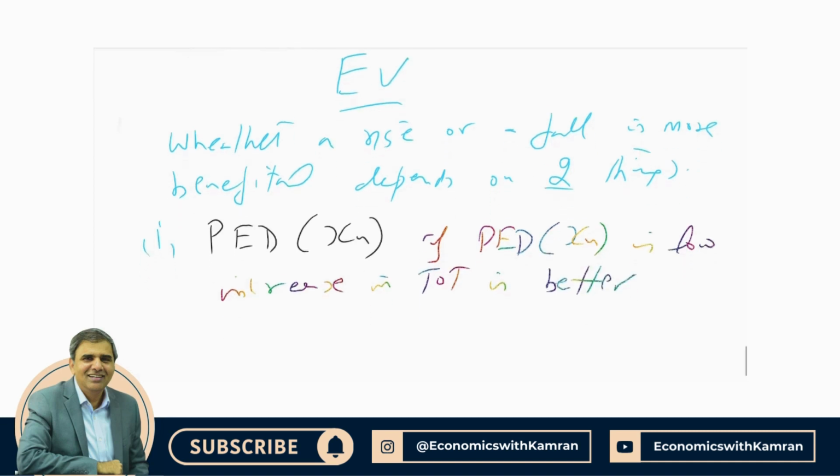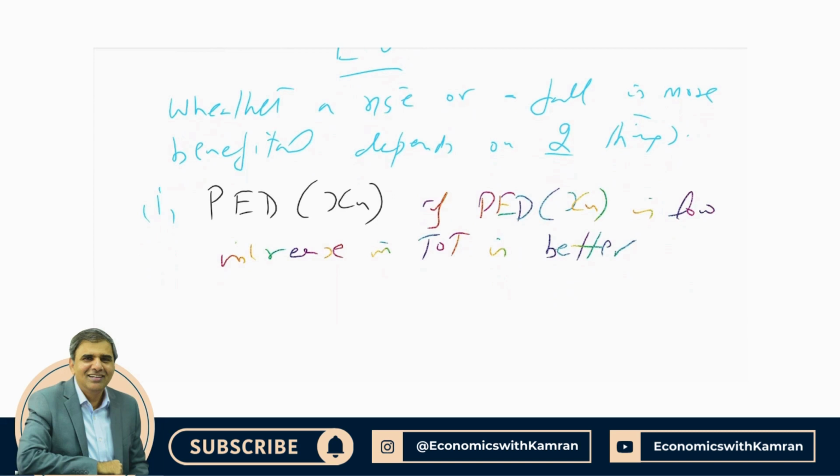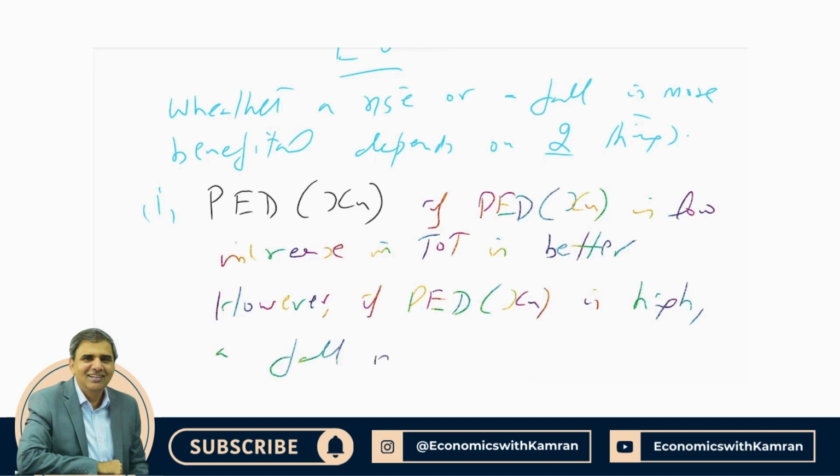However, if PED for net exports is high, a fall in TOT is better. And we can actually talk about the fourth macroeconomic indicator over here. We can talk about it earlier as well, and that is current account.